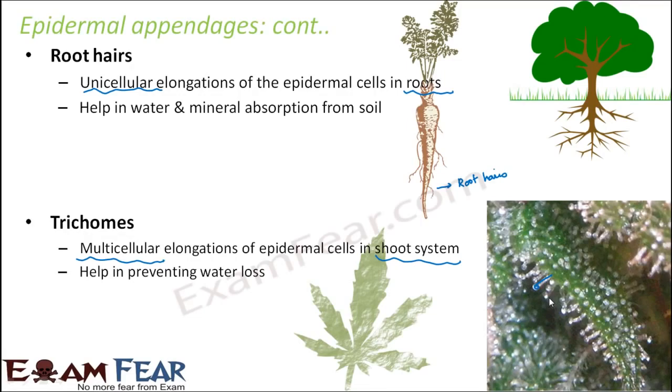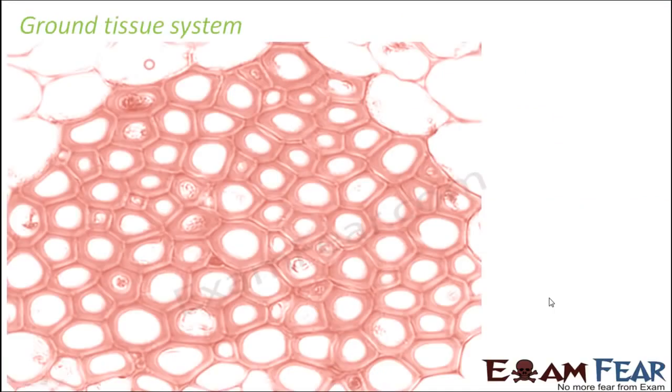Now, if you talk about the lifespan of root hairs, they survive for around 2 to 3 weeks and then they die off. Eventually new root hairs are formed. So this is a repetitive process. They do not last for a very long time, but they keep getting replaced by new root hairs. With this, I think we have reached the end of the epidermal tissue system.